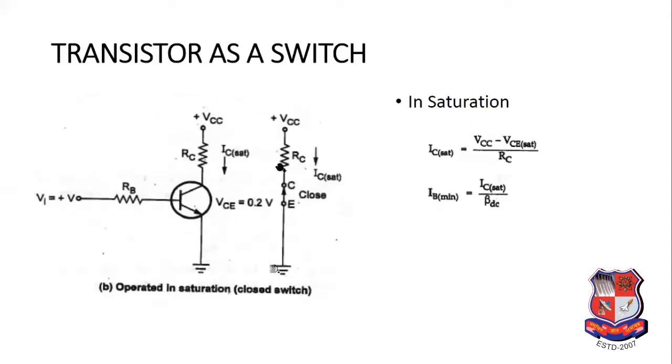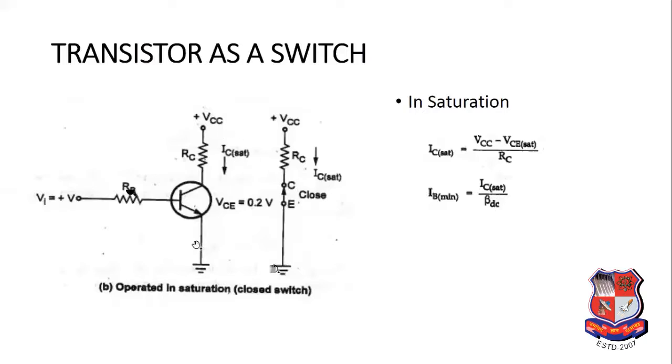This is the configuration for a closed circuit switch. The connection is the same. If we apply some voltage at the base terminal, there will be some voltage drop across the base emitter and collector emitter terminals. So there will be some base current, and that's why we get some collector current.